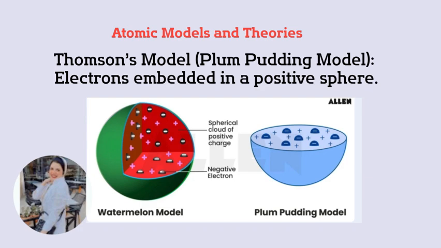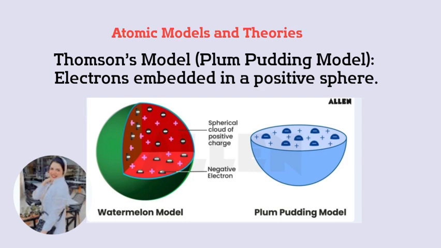So the positive charge has a different color from the negative charge, the electrons. He thought that positive and negative charges were mixed together in one space. So the model has the name pudding, like mixing.